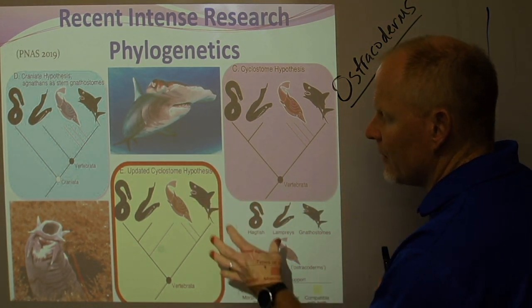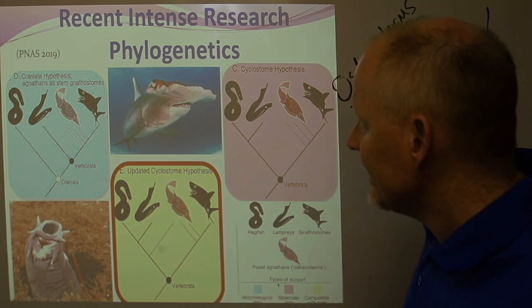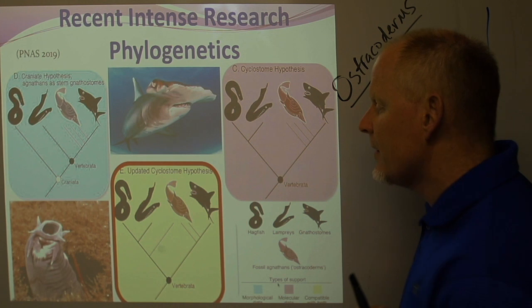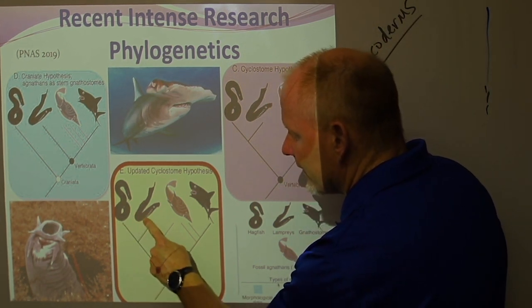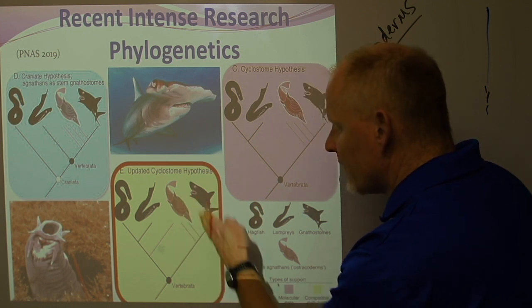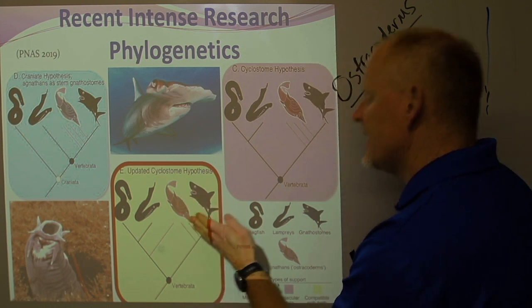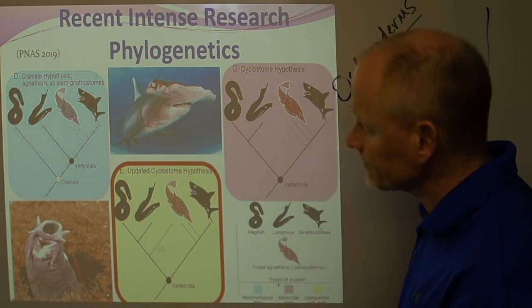So in essence, this new data moves some of these fossilized forms over onto our basal line, which has both hagfish and lampreys on it, with a few of the fossilized fish in the middle, what we call ostracoderms, and then the rest of the jawed fish, which we call gnathostomes.